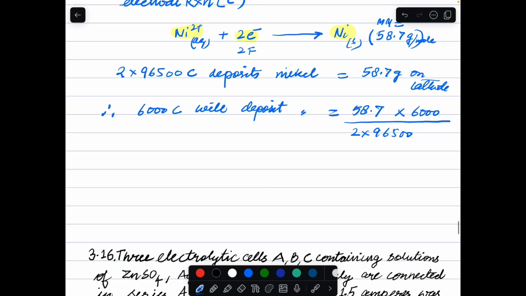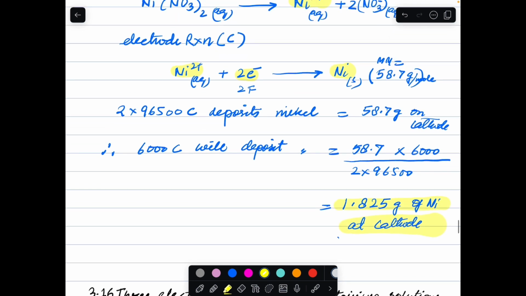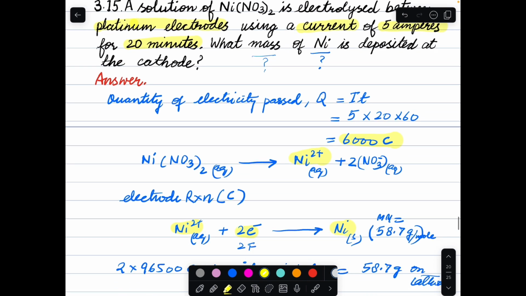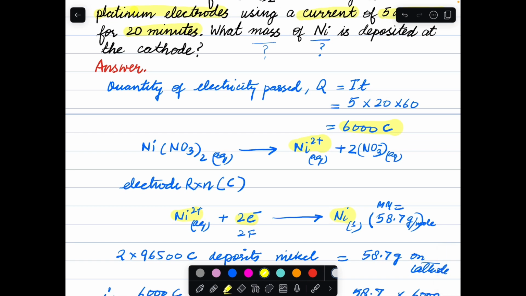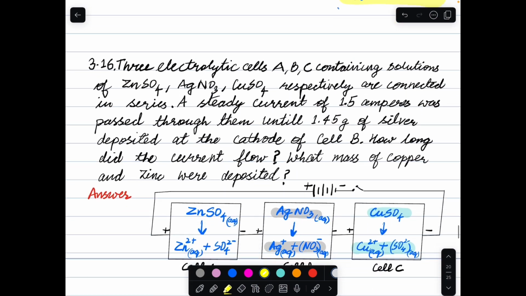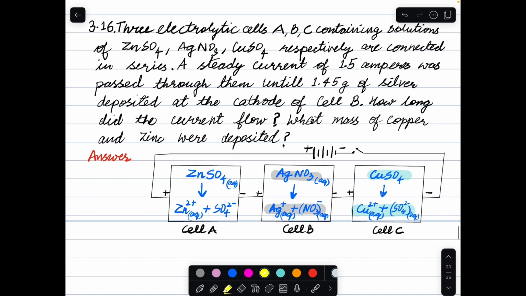So this will give you the value as 1.825 grams of nickel at cathode will be deposited. So this is your answer. In this case, one thing we have to be very clear about for such type of reaction, that when we have used inert electrodes, we are not counting the electrode reaction in this, only ions are taken care of.